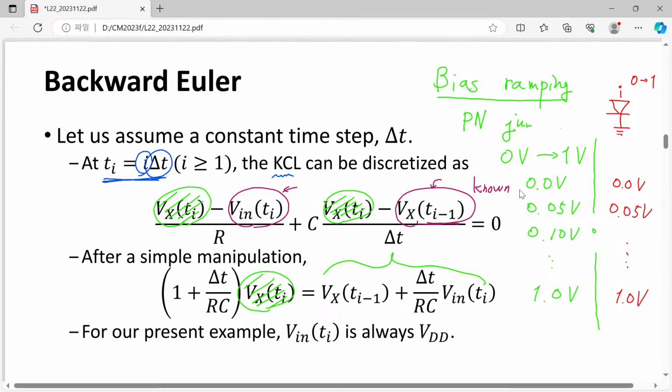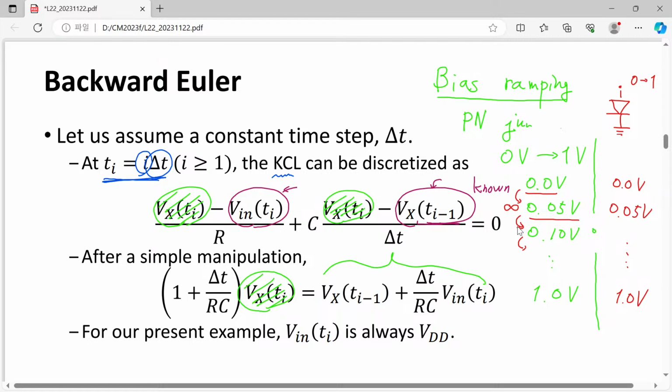In this case, there is no consideration about the time difference between this and that bias condition. Actually, we assume that infinitely long time has passed once we set our anode bias voltage to 0.05. We just wait infinitely long for the steady state response. Only after taking the steady state response do we ramp up. Then wait for a long time.